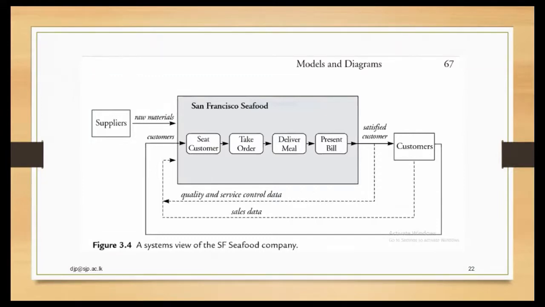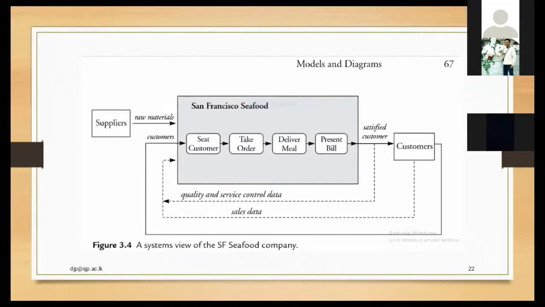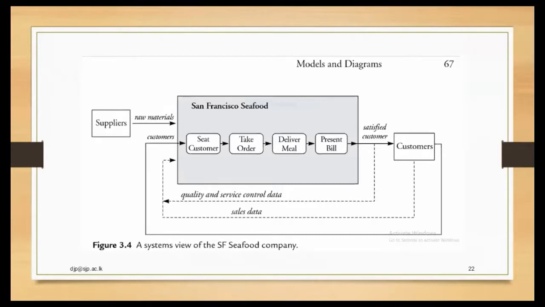So once that process is completed, what happens? You have the satisfied customer. Customer satisfaction, right? Once they go for a meal at a restaurant and finish it, they are satisfied. So from the customer point of view, we can get the sales data and quality service control data from that.